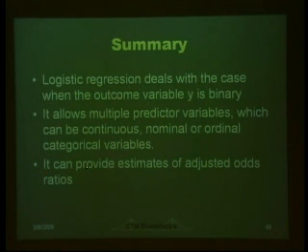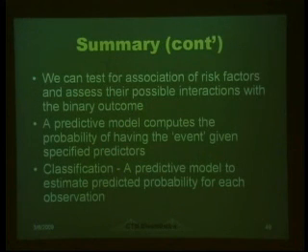It can provide adjusted estimates of the odds ratios. All right. And it can test for association of risk factors and assess their possible interactions for you, all right? And it can be used as a predictive model, okay, to classify future patients, and do some classification there.